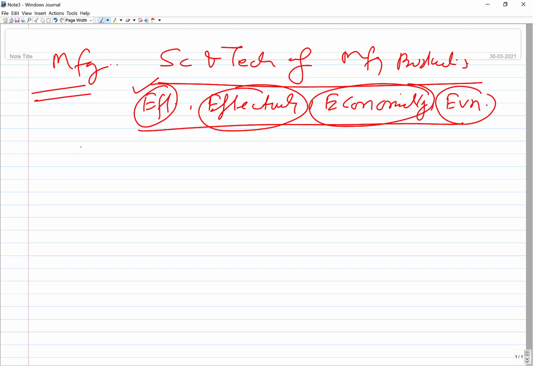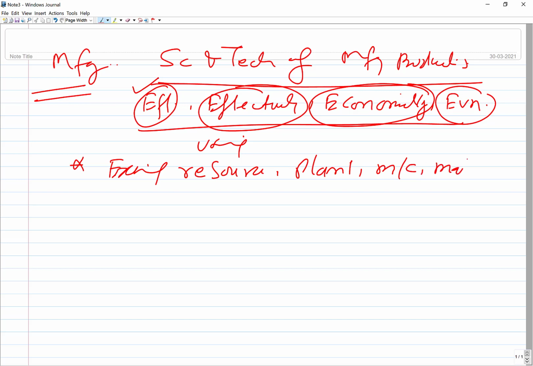This is done in three ways. One, using the existing resources, like whatever plant, machinery, material or manpower is available. Use the existing resources. Second, selection.